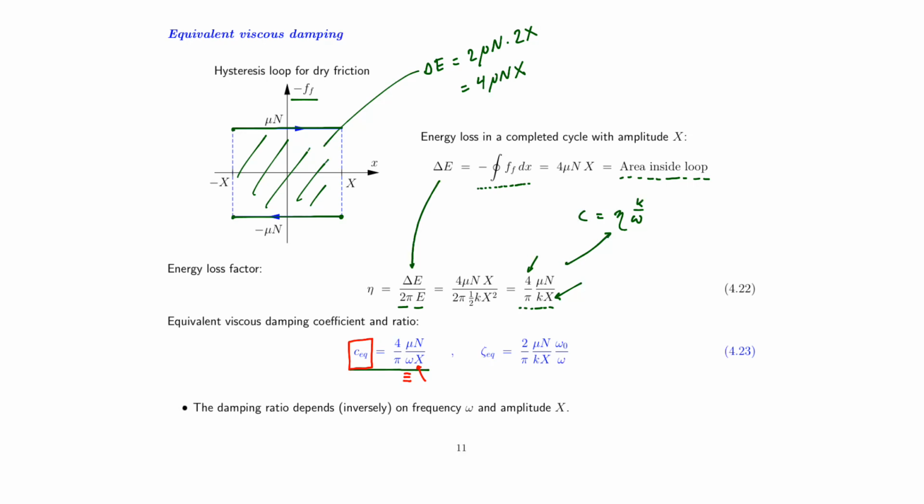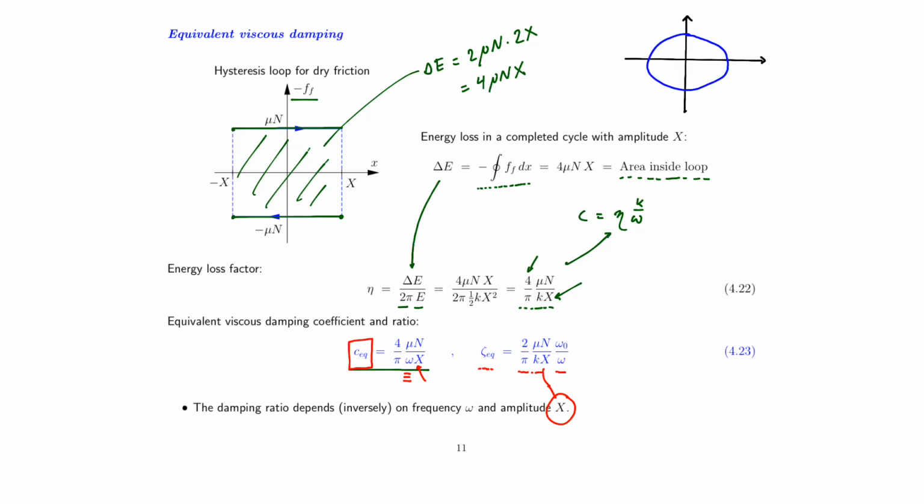So if you want to have time histories, it's anyway a good idea to convert the analysis into a model with an equivalent viscous parameter. And we can find the corresponding damping ratio, where we can see that the frequency ratio will cancel at resonance, and we get an expression that depends on amplitude. And it's in particular this amplitude dependence that makes the usage of an equivalent viscous damping parameter somewhat complicated.